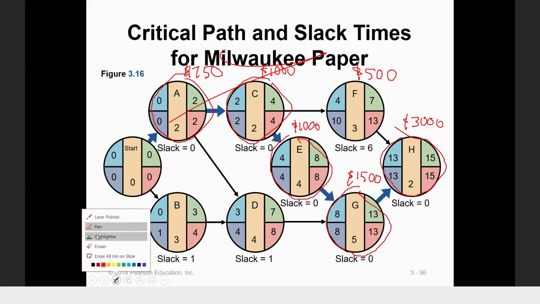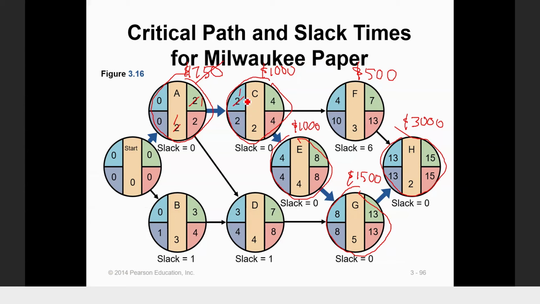We have selected our crashing. We have selected this one, this one. So this is already added, and this will become 1. So we have to update our network. 0 plus 1 becomes 1. Moving here it will become 1. Now we have to update. 1 plus 2 becomes 3.